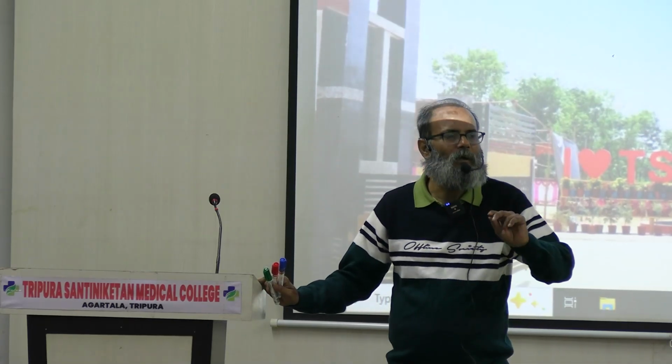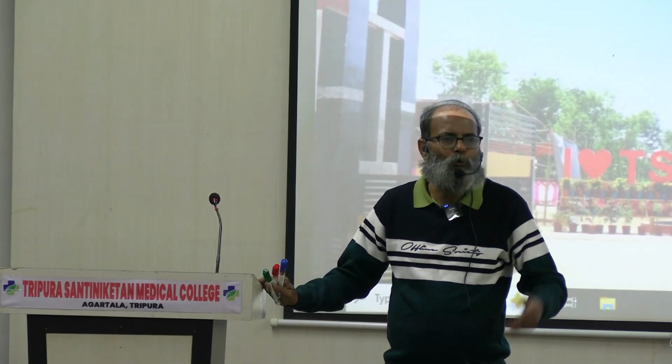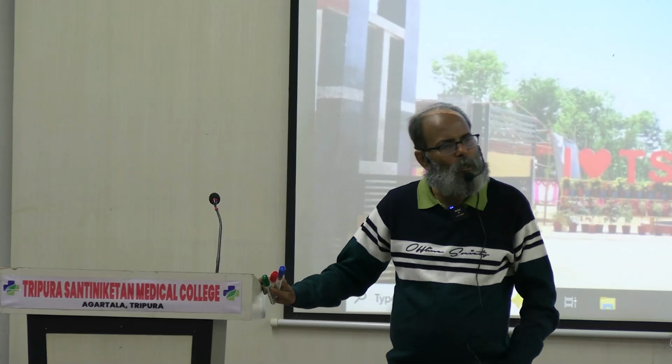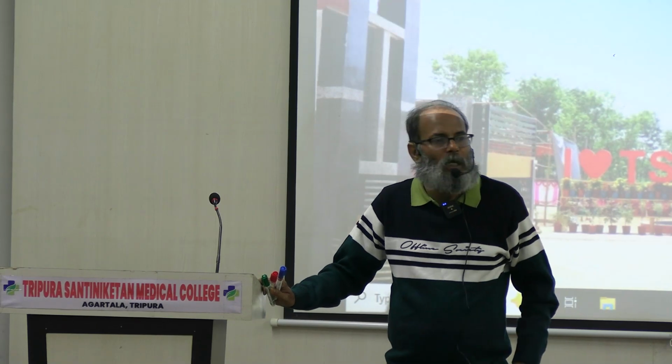This Struthers ligament gives the origin of the third head of coracobrachialis. Deep to the Struthers ligament can pass both the brachial artery and the median nerve. And if there is compression at this site, there will be a compression syndrome. I will tell you later on.